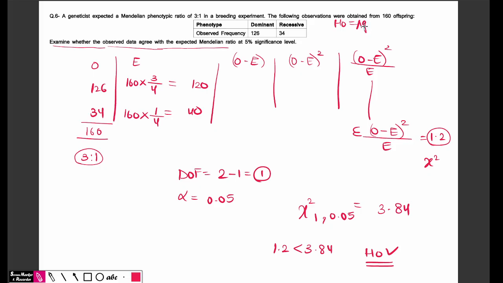The null hypothesis should be that it is agreeing, and the alternate hypothesis should be that it is not agreeing. So by calculating this value, what you can say is that your chi-square value shows that the observed values are agreeing with the expected values. So somewhere or the other, the ratio of 3 is to 1 is followed.